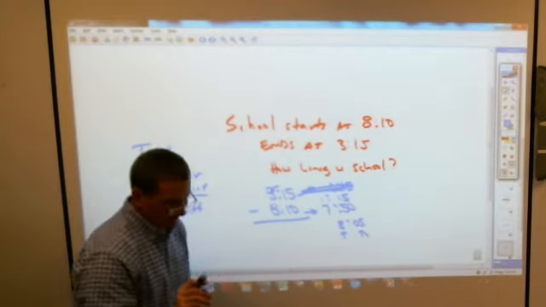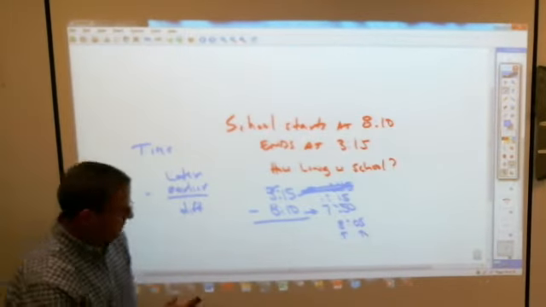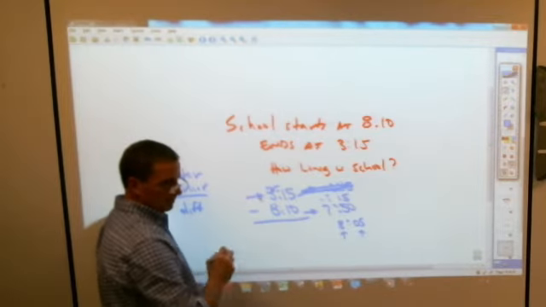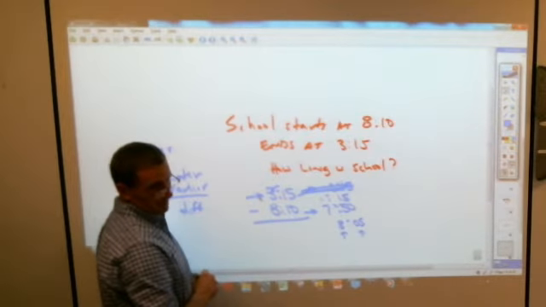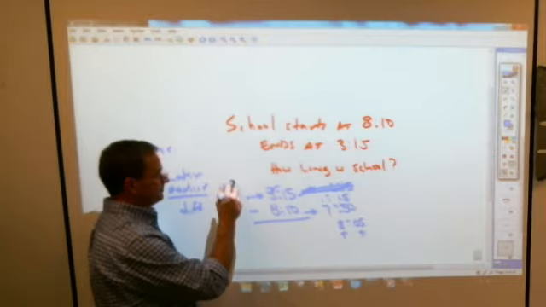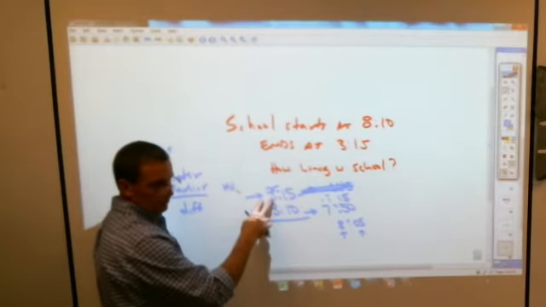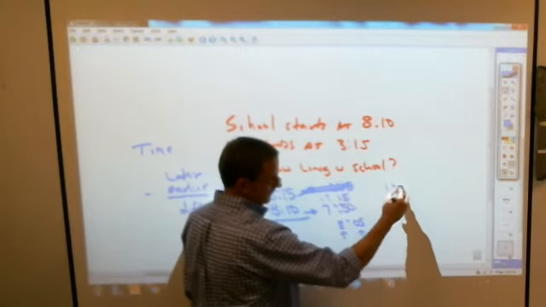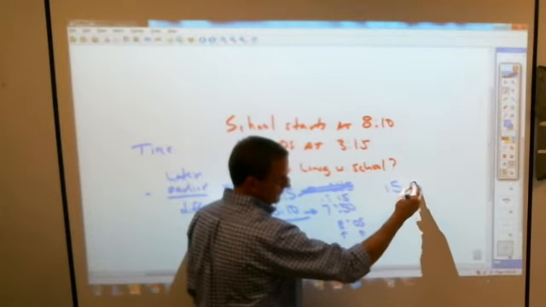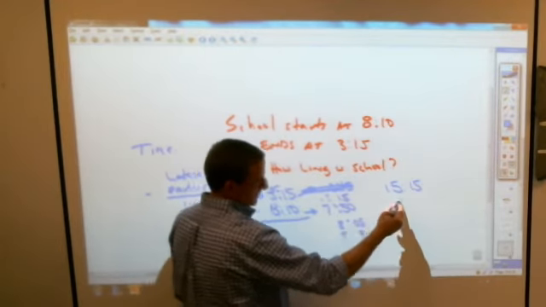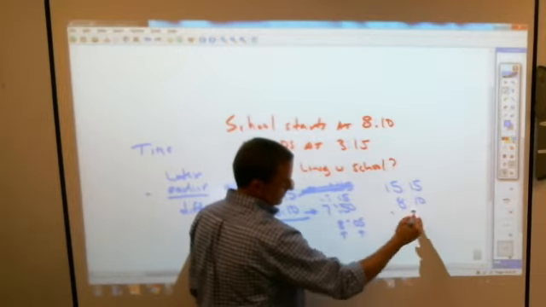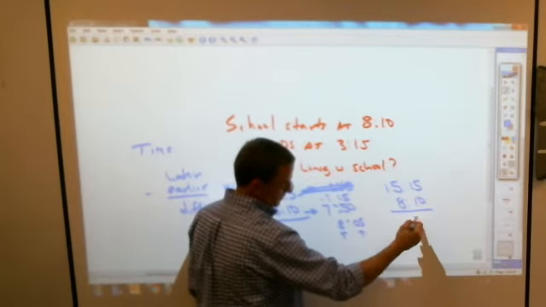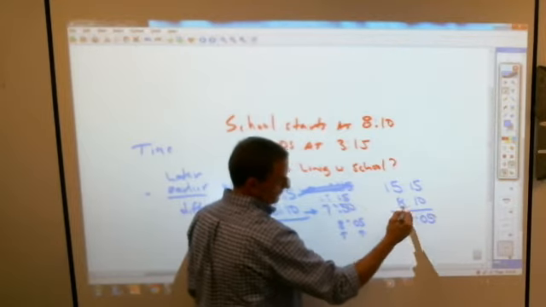Now I don't know if that's the easiest way, but maybe a better way is to change 3:15 into military time. Do you remember military time? 300 hours. Add 12 to it because you went past noon. So it is 15 minus 8, 10. This might be a little easier for you because you end up with 8 from 15 is 7.